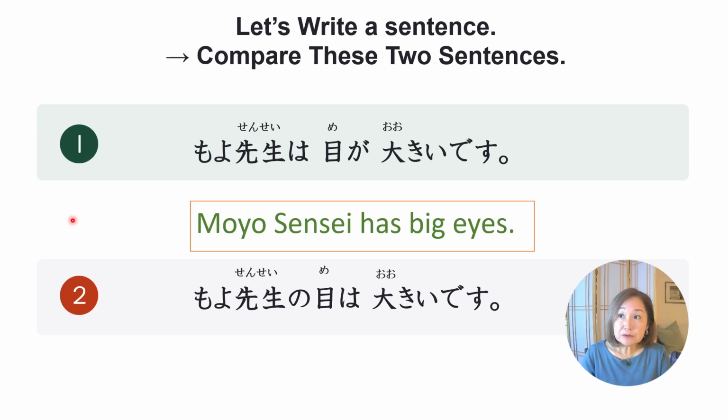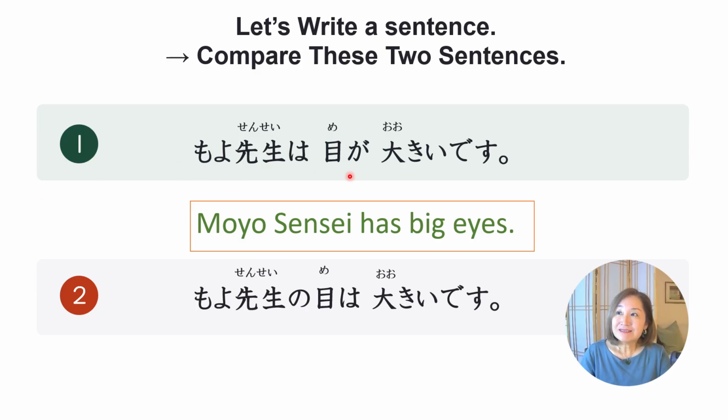So in real Japanese, sentence number 1 is what you'll hear. Number 2 is grammatically fine, but it's rare because it's not usually what you want to say. So when you describe someone's features, reach for pattern number 1.